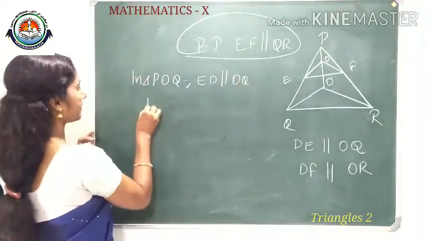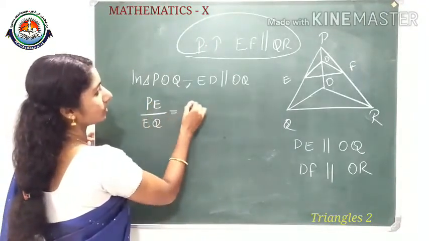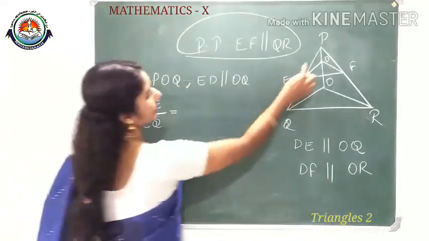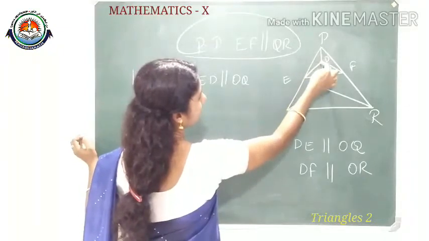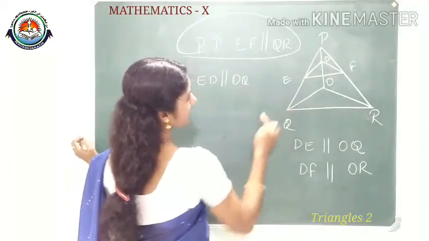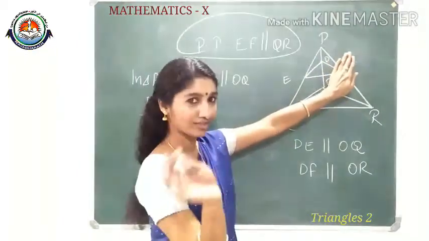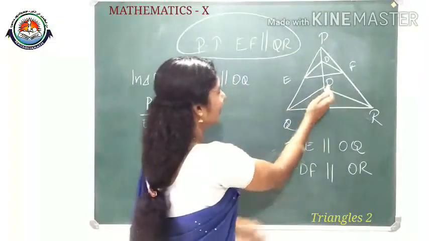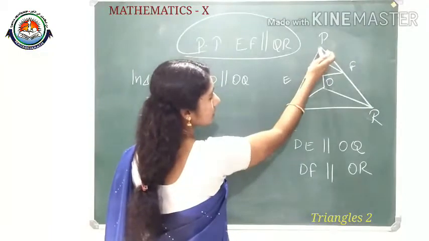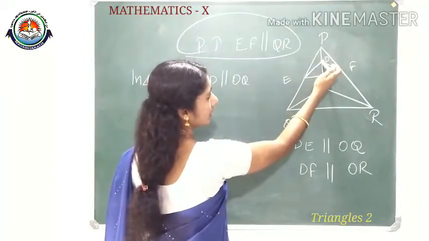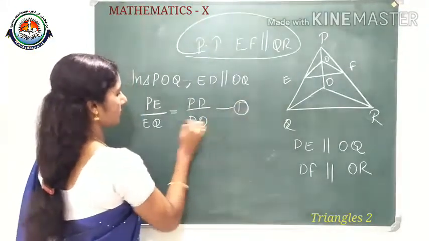So we can write PE by EQ is equal to PD by DO. See the triangle POQ. In that triangle, don't see all the other triangles. In POQ, a parallel line is given, the line ED. So PE by EQ equal to PD by DO. We got one equation.